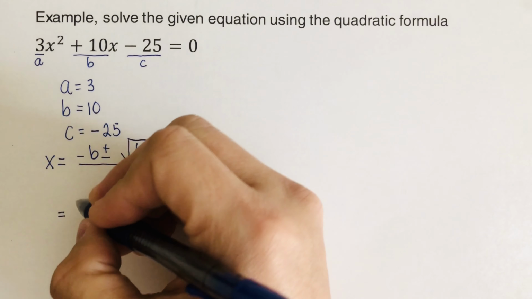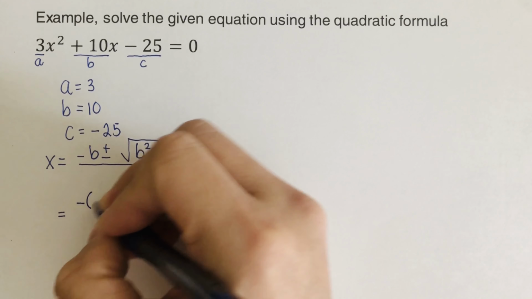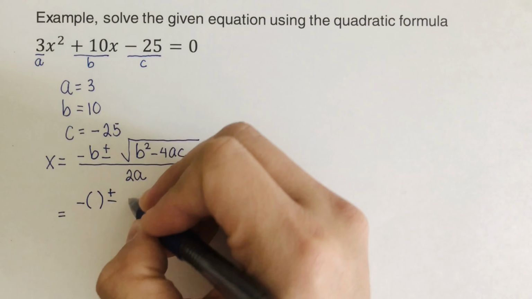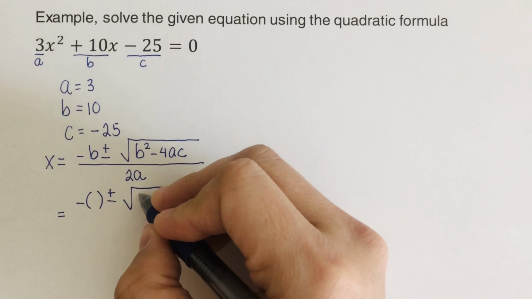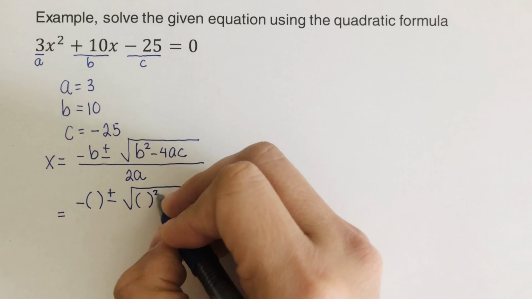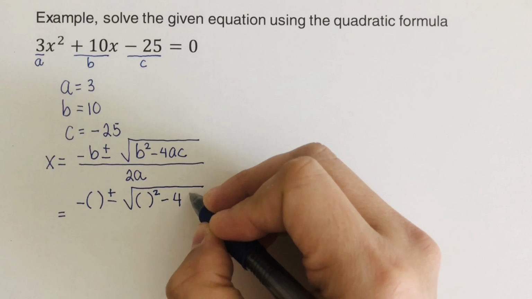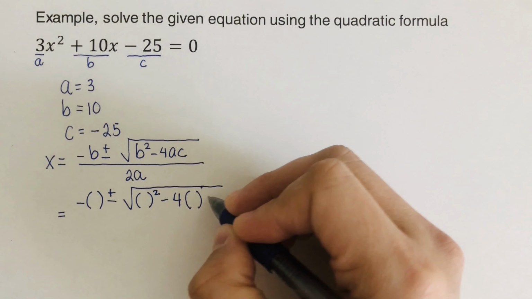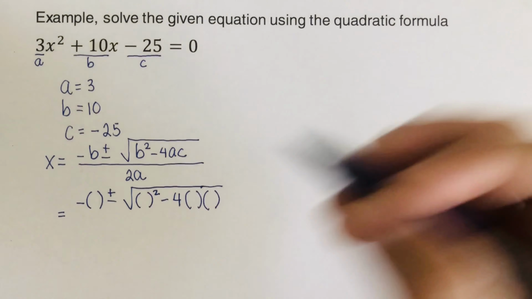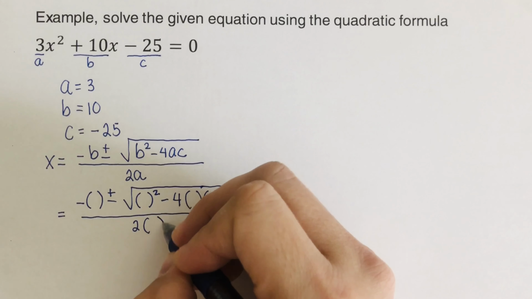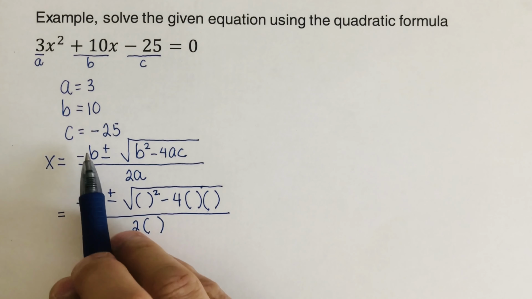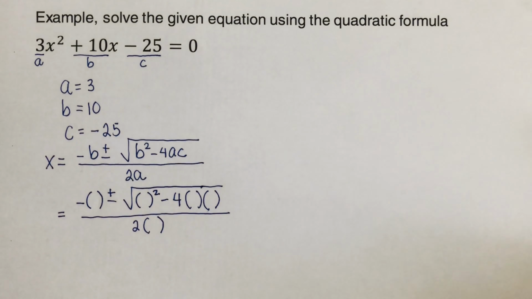So in this example, I'm going to have a negative of parentheses, plus minus the square root of, again, the letters just become parentheses: parentheses squared minus 4 parentheses and then parentheses, over 2 parentheses. Again, what I did was change the letters into parentheses.